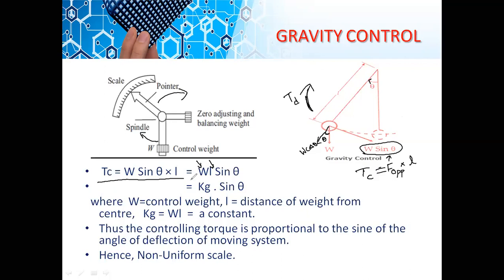So W into L is a constant, so we can say that TC is proportional to sine theta. Unlike the spring control, where TC is proportional to theta and hence the scale was uniform, in the gravity control TC is proportional to sine theta, so the scale is non-uniform.